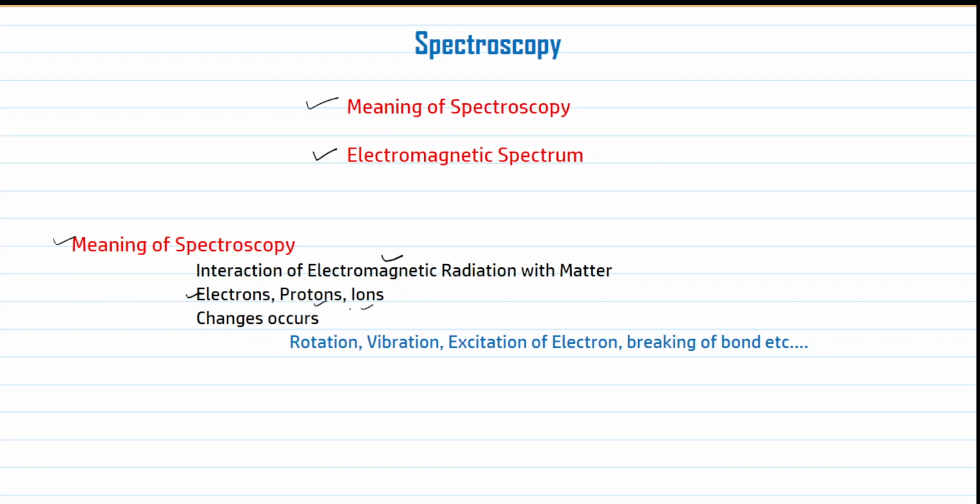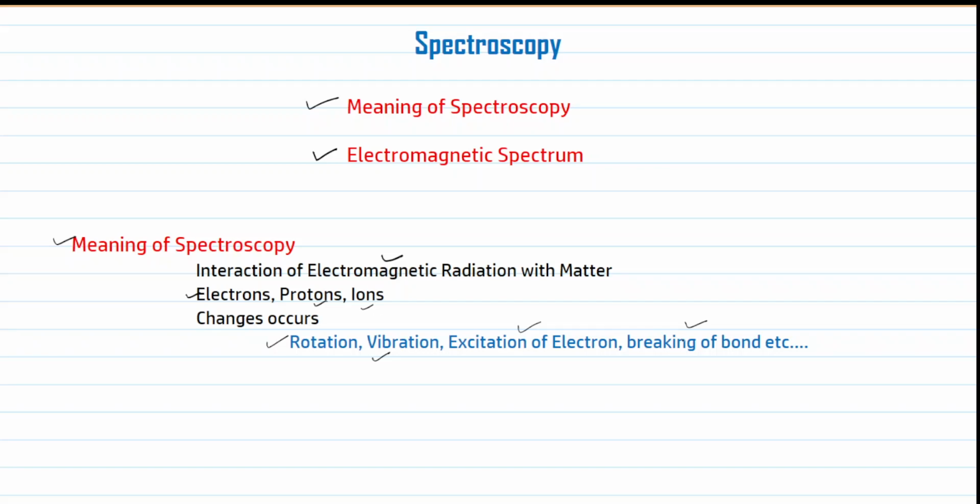When this matter or particles interact with the electromagnetic radiation, certain changes occur in the matter. These changes are nothing but a rotation of the molecule occurs. Vibration is also possible. Excitation of the electron may be observed, or in some cases a breaking of bond also occurs.